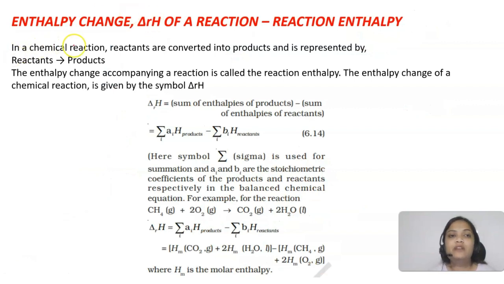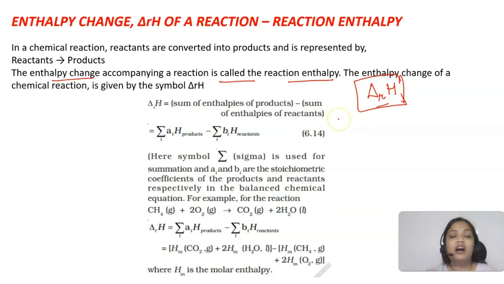Now students, we will be seeing the enthalpy change for the reaction. Till now we discussed what is enthalpy. You know that whenever a chemical reaction happens, reactants are converted into products. The enthalpy change that accompanies the particular reaction is known as reaction enthalpy, and this is the symbol that we write, delta H for the reaction, where r means for reaction.